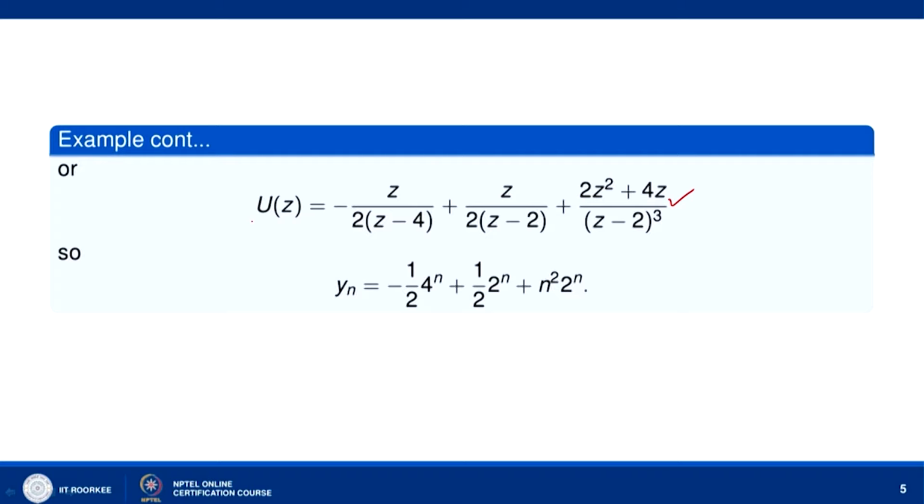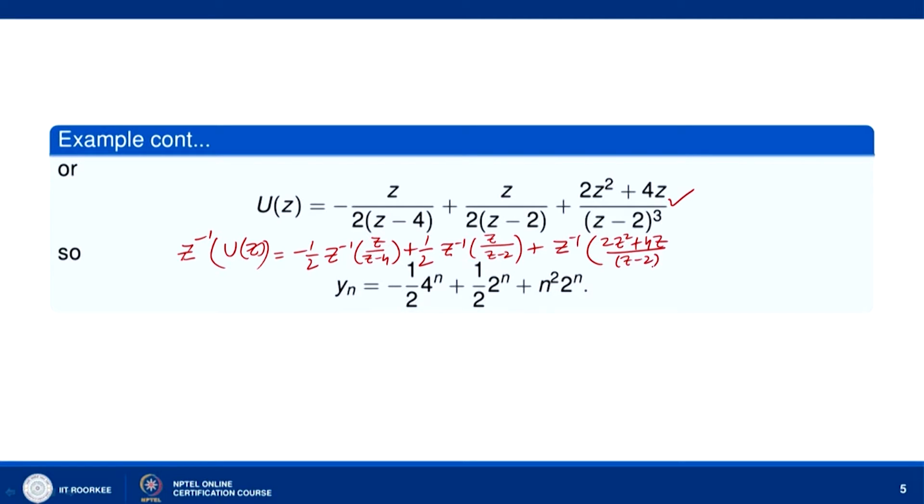And now, let us take the inverse z transform. So taking the inverse z transform, Z inverse of U(z) will be equal to minus half Z inverse of z over z minus 4, plus 1 by 2 Z inverse of z over z minus 2, plus Z inverse of (2z square plus 4z) divided by (z minus 2) whole cube.